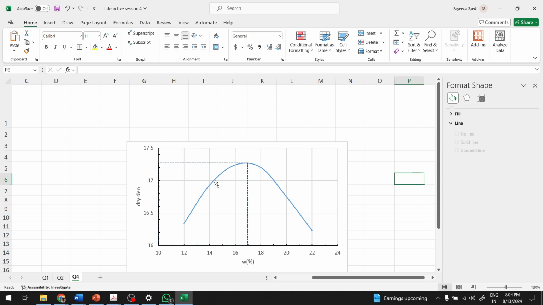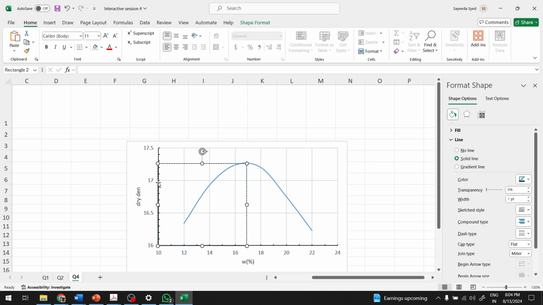Okay, so this is 17 and this is 16.5, 17, 17.1, 17.2, 17.25.